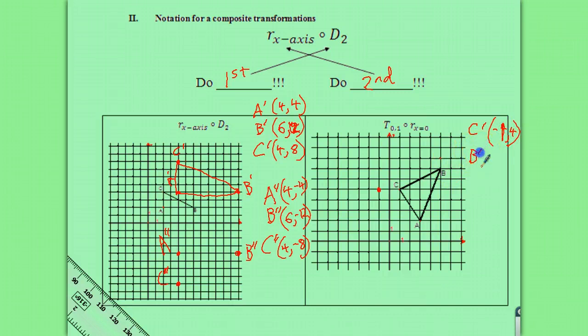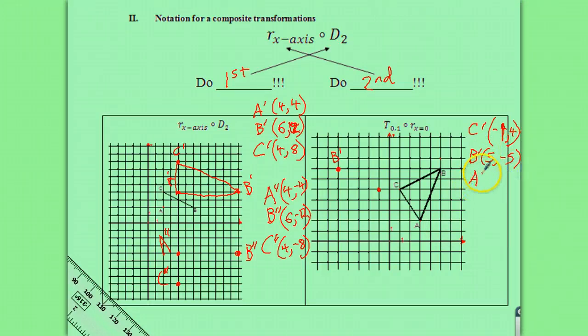B prime is 1, 2, 3, 4, 5. So B prime is 5, negative 5.